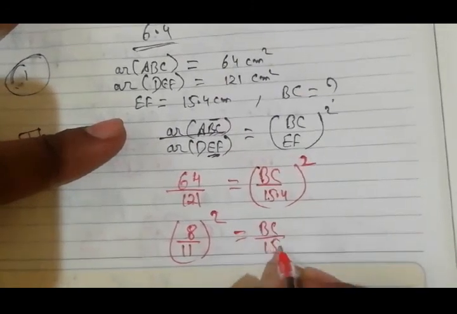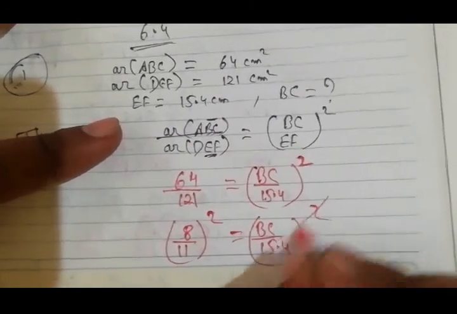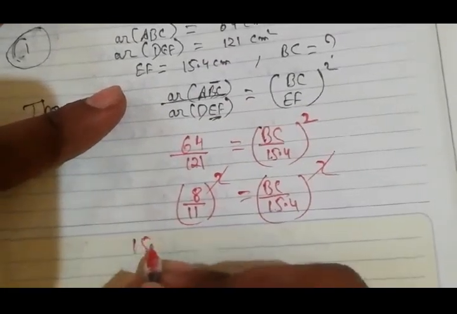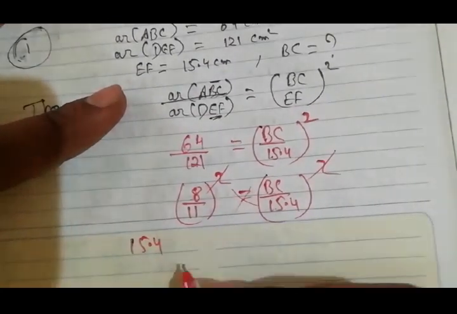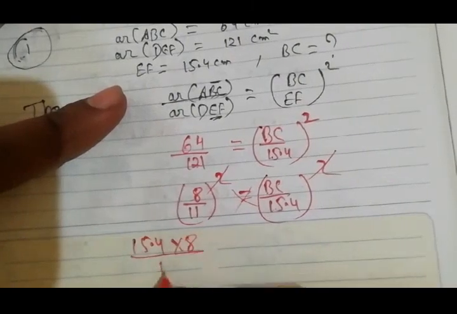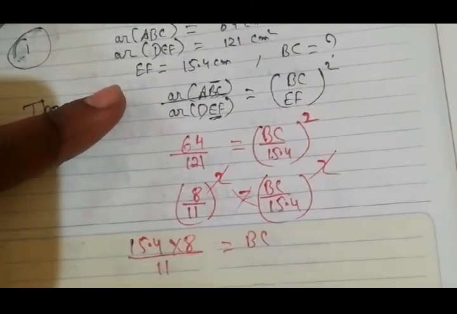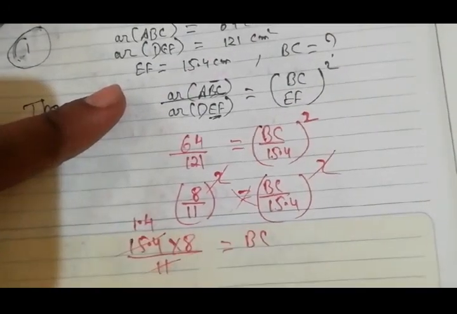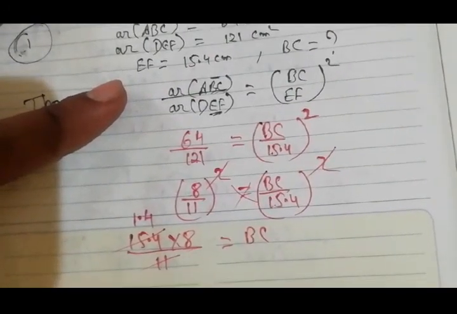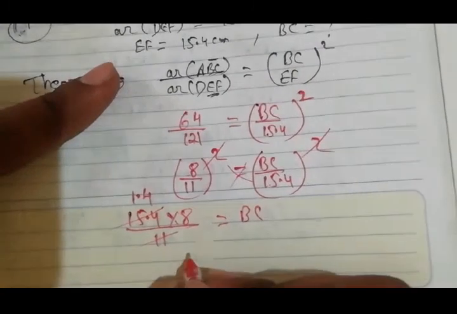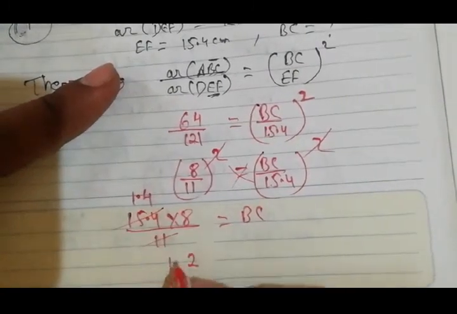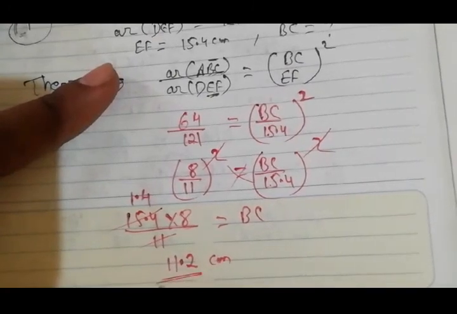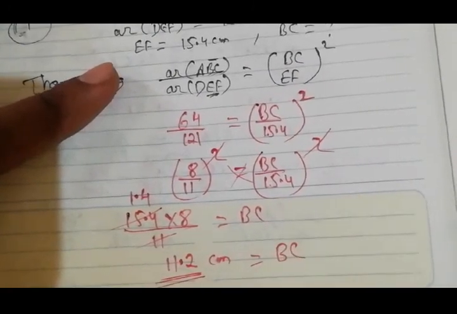Now the square and square cancel out, and by cross multiplication, 15.4 into 8 upon 11 is equal to BC. Now 11 ones are 11 and 11 fours are 44, so 1.4 into 8: 8 fours are 32 and 8 ones are 8, making 11.2. So 11.2 centimeter is the side BC.